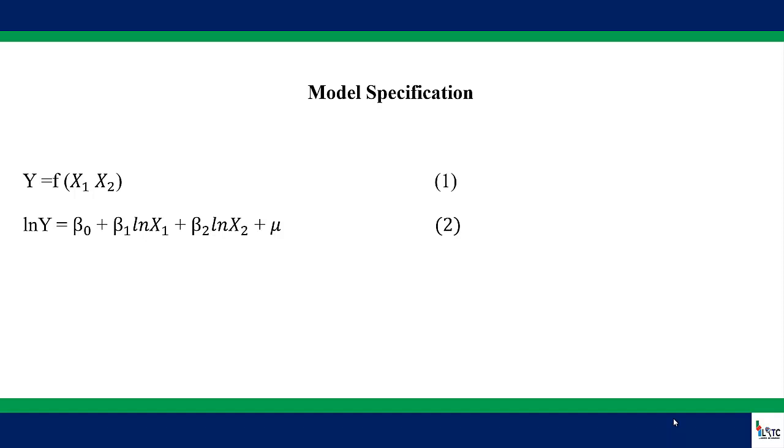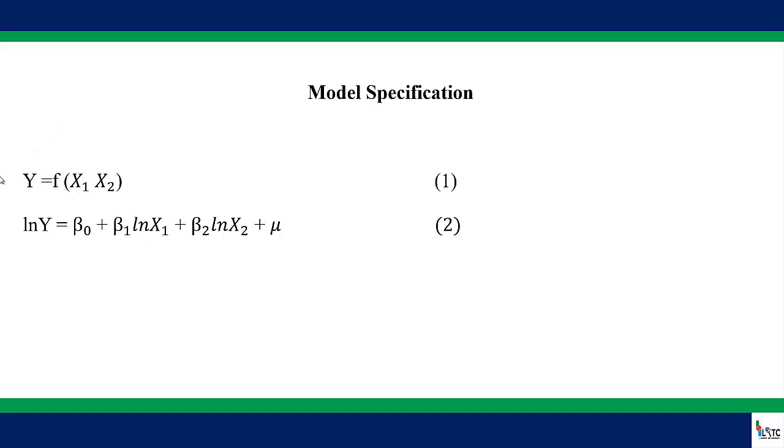The things that distinguish the first model from the second one are the beta naught or the intercept. Next is the error term. So this error term makes it an econometric model. If you look at the first model, you will notice that we have two independent variables.